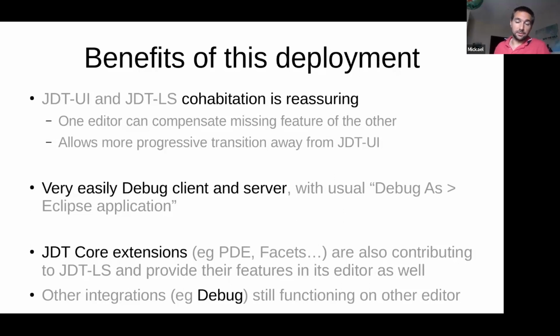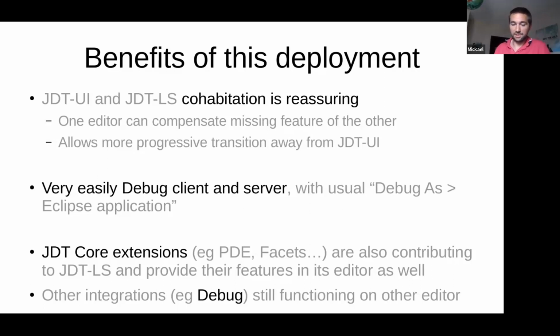And another benefit, which I may be able to demo a bit later, is that most of the integrations in Eclipse IDE with the Java editors, things like, for example, the debugger, things like SonarLint and so on, are still working with JDTLS because they are integrated on the lower level of JDT, not integrated on the UI layer, but on the core layer, on resources or JDT core.